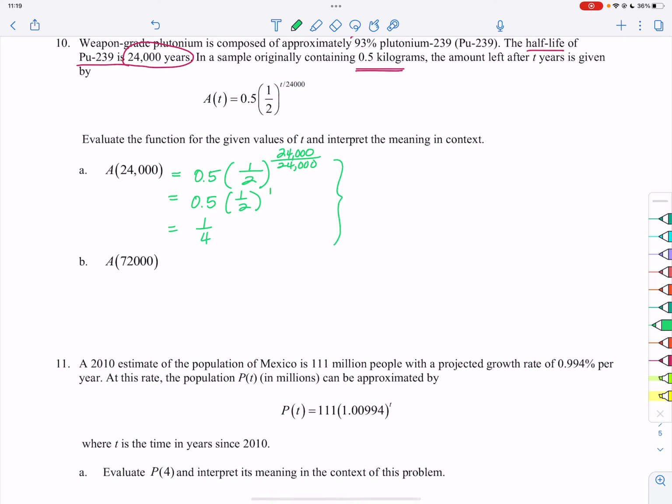What does this mean? This means after 24,000 years, which is 1 half-life, 1/4 of a kilogram, which is 1/2 of the original amount, remains.